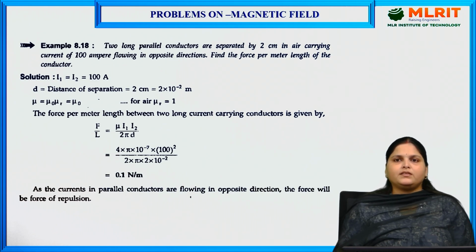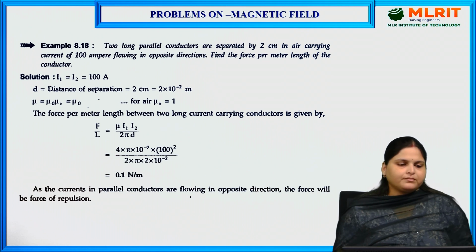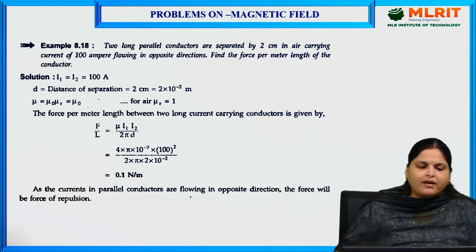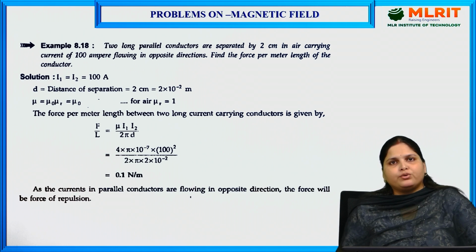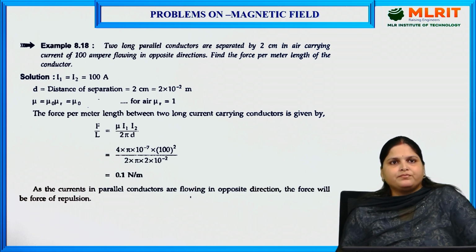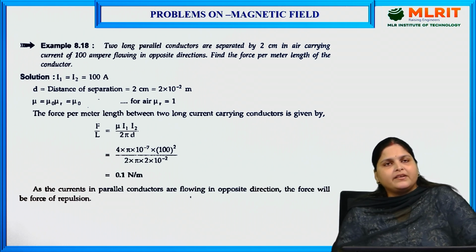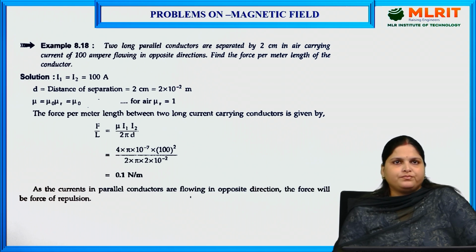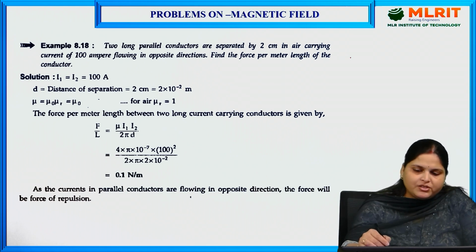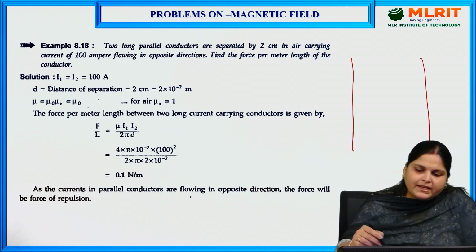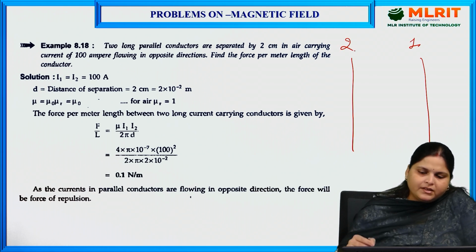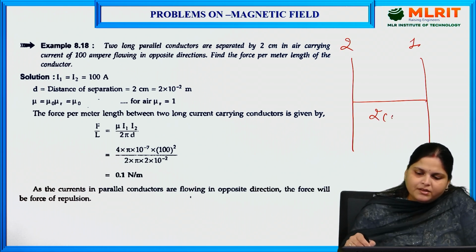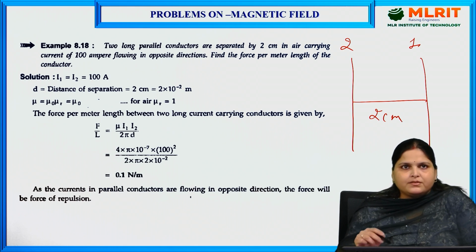Let's take another question. Two long parallel conductors are separated by 2 centimeters in air and carry 100 ampere current in opposite directions. Basically, the arrangement is like this: this is the first conductor, this is the second conductor, separated by 2 centimeter distance.